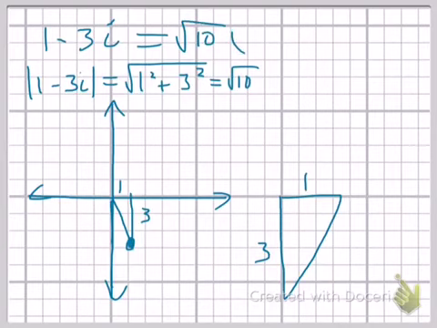Now I just need to find my theta value and I'm done. So I need to know what angle that is. What angle is this? From here down to there. Or you could go the positive direction to get to it as well. It's the same thing.